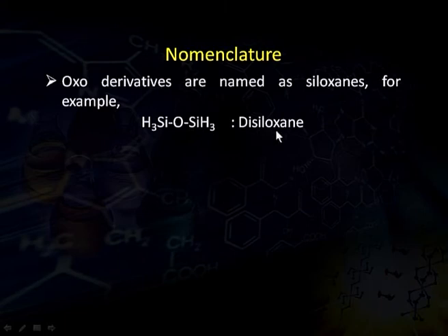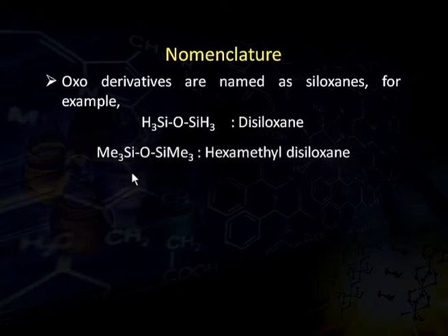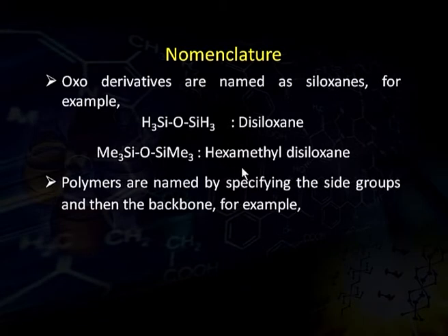Polymers are named by specifying the side groups and then the backbone. For instance, we have this particular example, this is a polymer which is indicated by these 2 bonds. So, first of all we will use the word poly for the polymer, then we have dimethylsiloxane, this unit is dimethylsiloxane. So, the name would be polydimethylsiloxane.